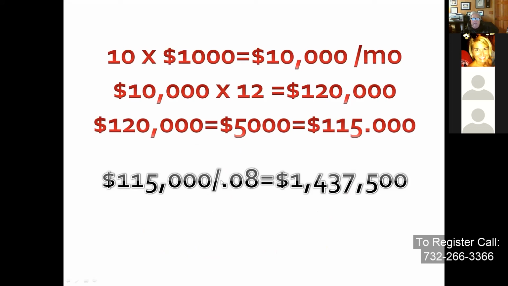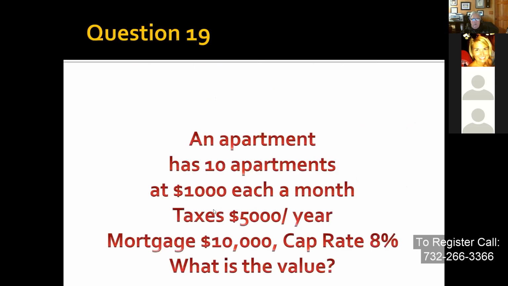And if the cap rate is 8%, we're going to take the $115,000 divided by 0.08, and it gives us a value on the property of $1,437,500. So again, all we're doing is value by income is equal to the net operating income divided by the cap rate.